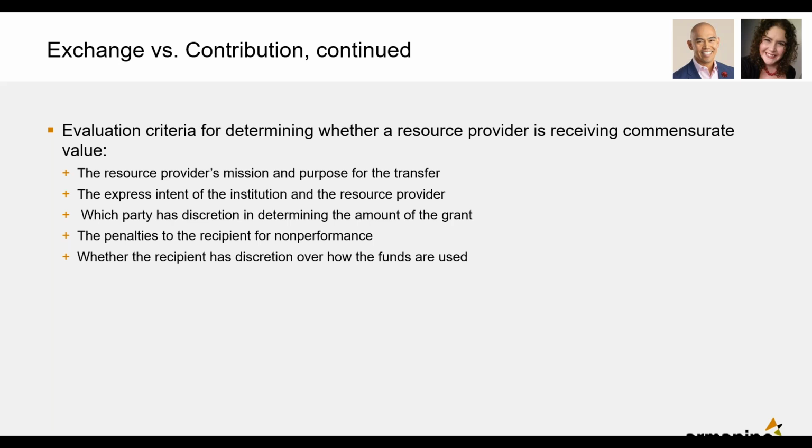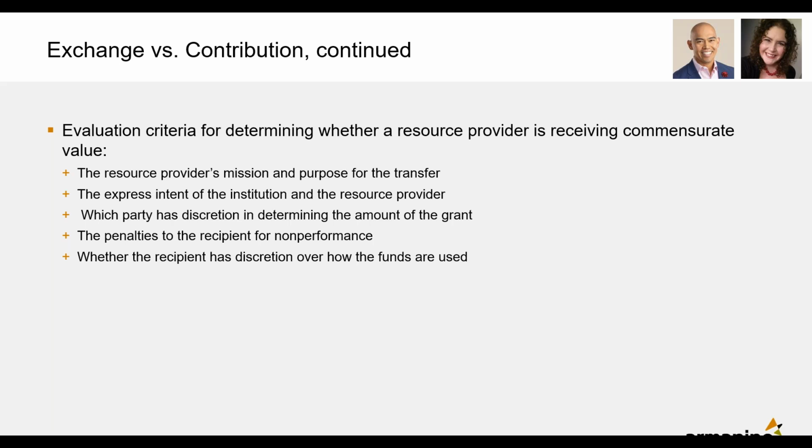So the evaluation criteria for determining whether a resource provider is receiving commensurate value, these 5 things should definitely be considered. If it's not a governmental grant, or if it is both governmental and non-governmental, you're going to now put it through these questions. So what is your mission?